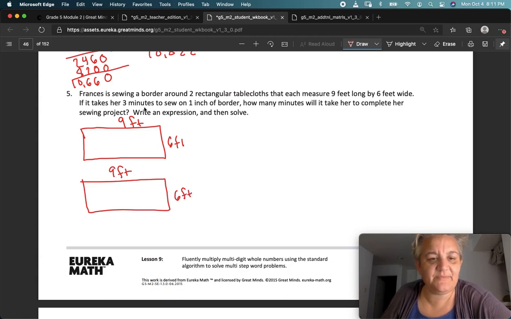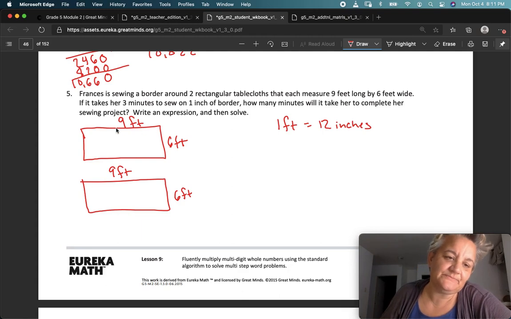If it takes her 3 minutes to sew on 1 inch of border, then we have to convert from feet to inches too. Remember, 1 foot equals 12 inches. How many minutes will it take her to complete her sewing project? Write an expression and then solve.